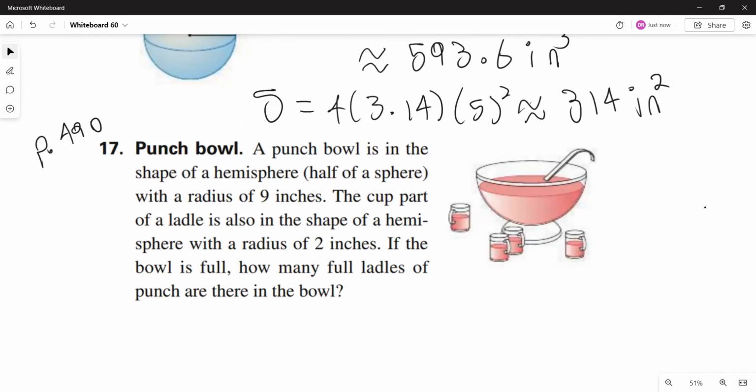A punch ball is in the shape of a hemisphere with a radius of 9 inches. The cup part of the ladle is also in the shape of a hemisphere with a radius of 2 inches. If the ball is full, how many full ladles of punch are there in the ball?